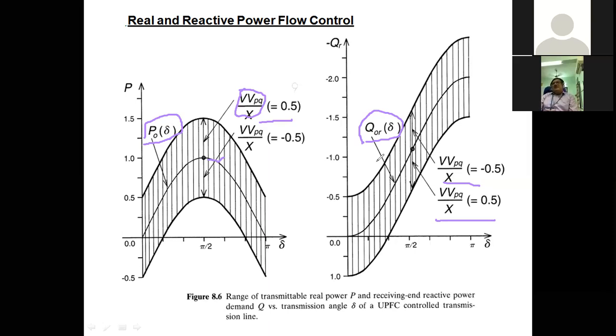That is the advantage of this UPFC. Using this, both real and reactive powers are controlled, and voltage magnitude is controlled from 0 to the maximum value, which depends on the rating of the UPFC, and the angle is controlled from 0 to 360 degrees.